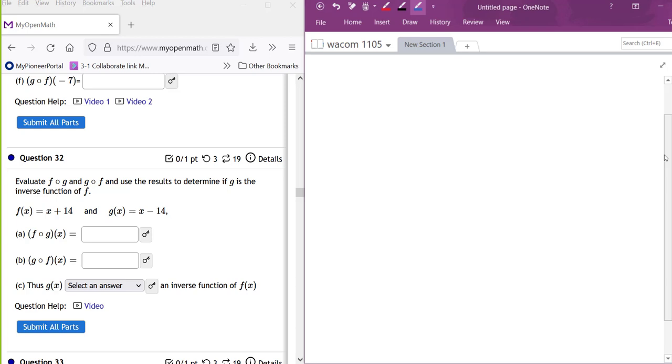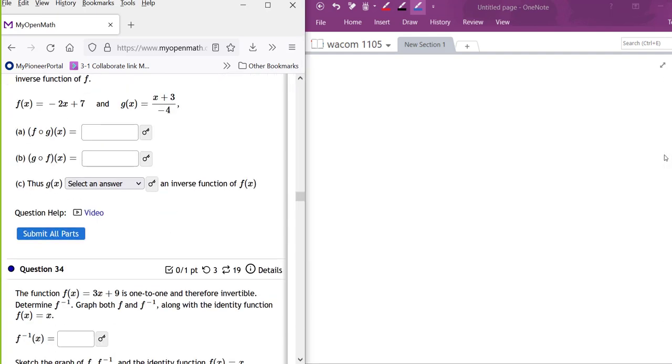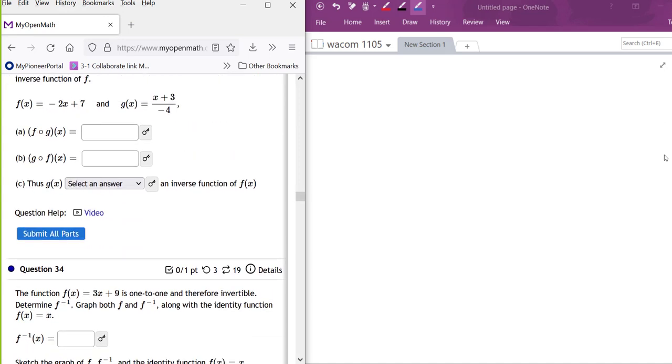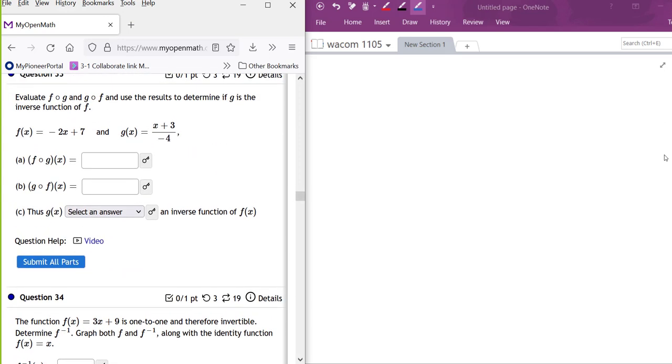But this one, your question on your test, and it's hard to make multiple choice questions, but it gives you a choice. Your choices A, B, and C are like, okay, functions F and G are inverses, functions G and H are inverses, and so on. Problems 32 and 33 are the same kind of question. They're just a little bit different problems, so you should work on both.